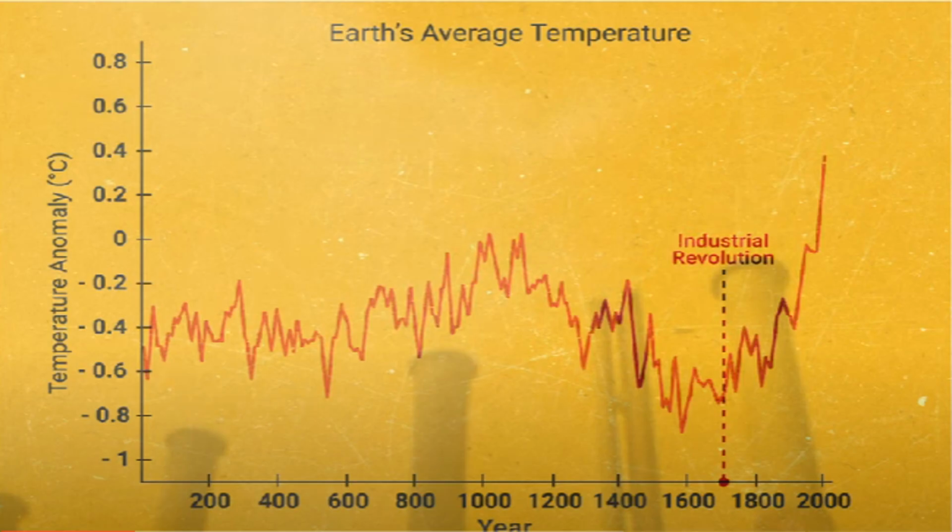Before the industrial revolution, there is fluctuation in temperature, but not so high. But as you see, after the industrial revolution, there is a much greater rise in temperature because of the emission of gases and different pollutants, etc.